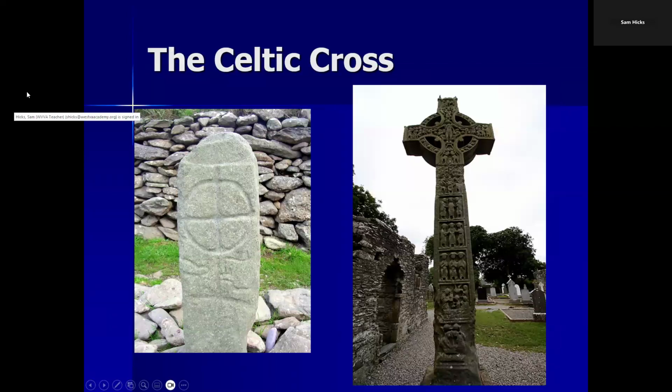Now the Celtic cross. This is where we start combining religious things, right? The cross, of course, is a Christian symbol. The Celtic cross has the cross, but it also has a circle of the sundial.